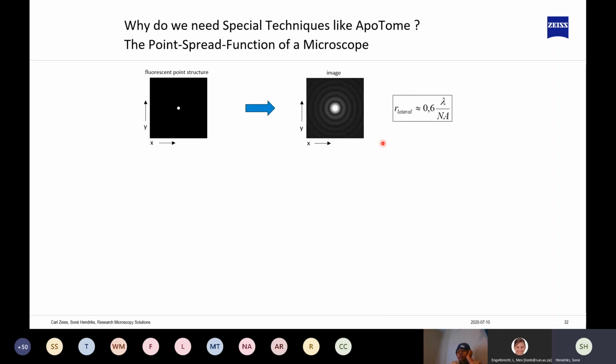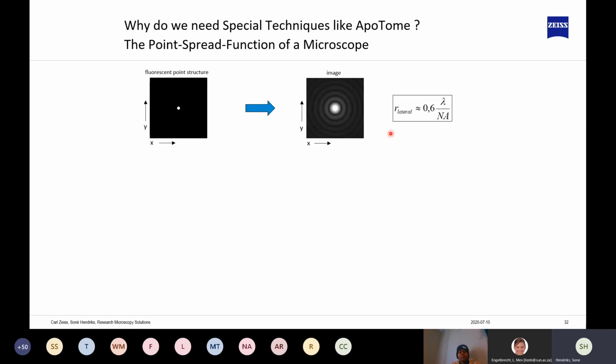Now, the good thing is, because we know the quality of the optics, the quality of the light path, and really all the components that go into the microscope and everything that influences the formation of this image, we can still calculate what the resolution of that point is in the microscope.